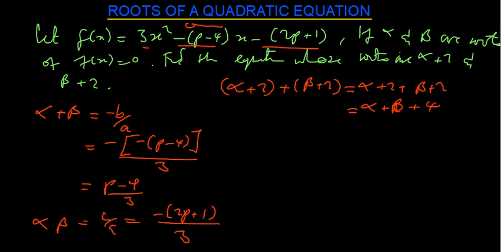We've just added the 2's, and we know that alpha plus beta is giving us p minus 4 over 3, and then plus that 4 which is there. So we can make this as a single fraction. The lowest common denominator we have is a 3.